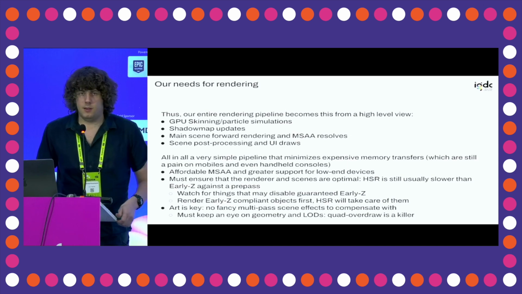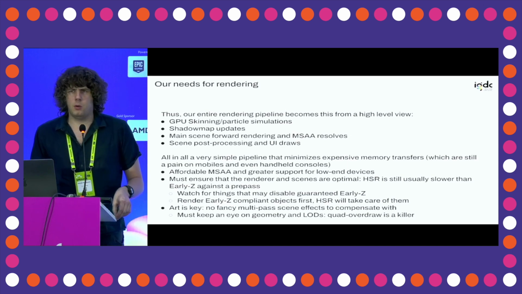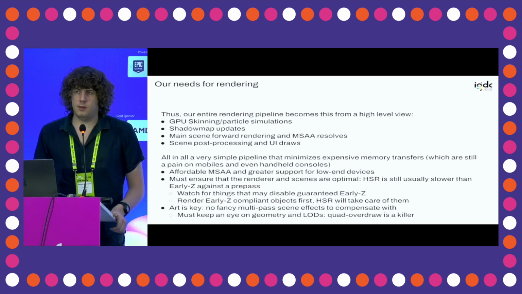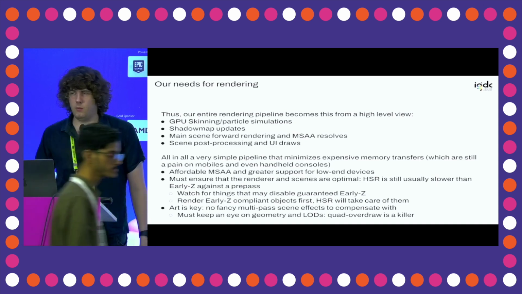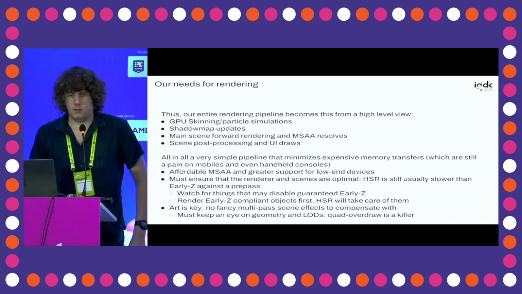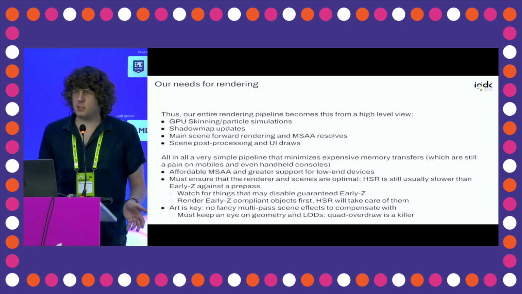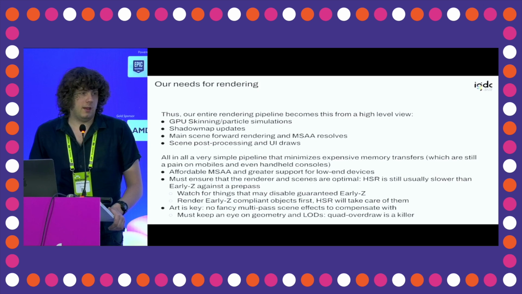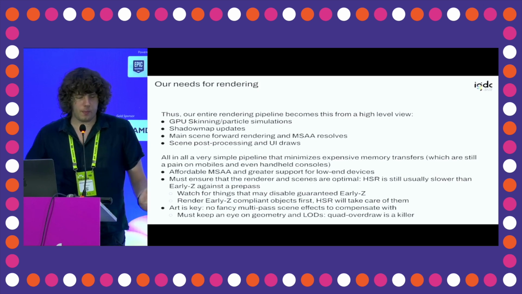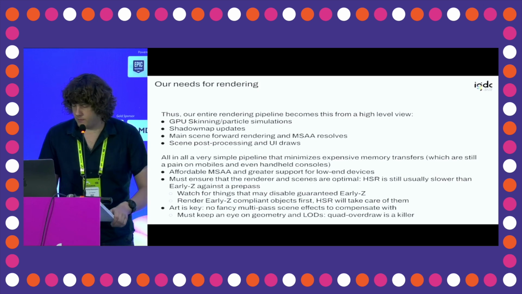HSR is really the only option that we have left when we're rendering in a single pass. We can't do anything more. A depth prepass is not an option either. It's faster than SSR, but doing just a depth prepass is very taxing, and it removes our ability to do MSAA efficiently.